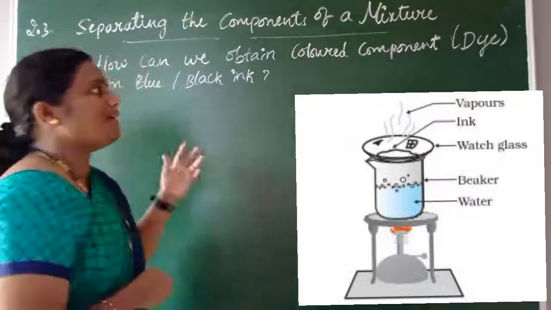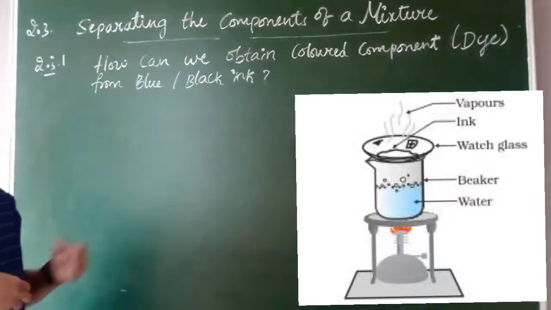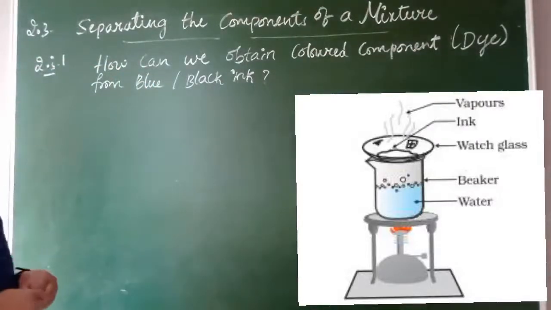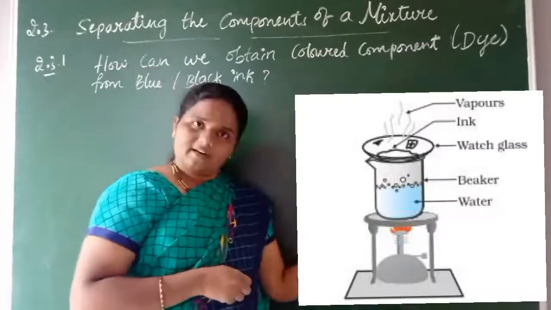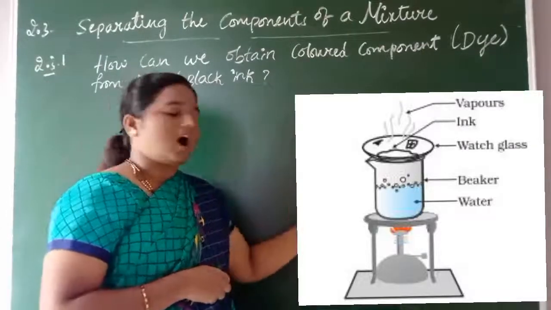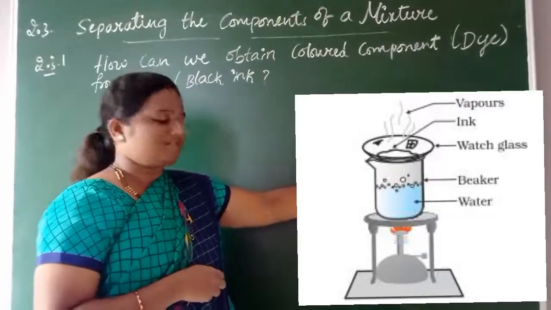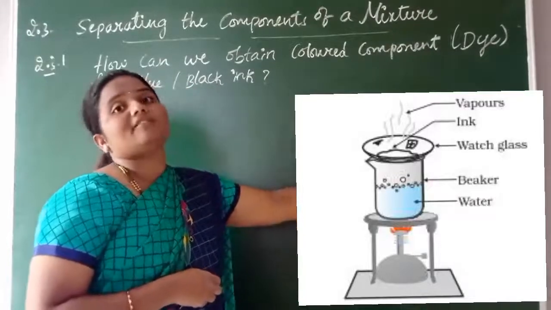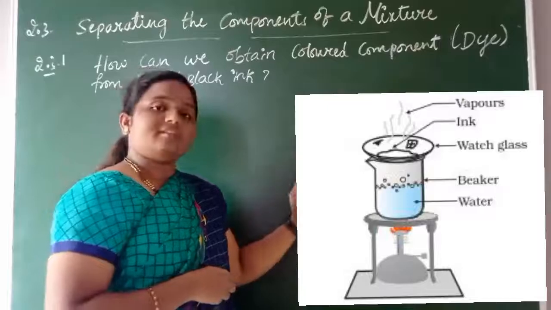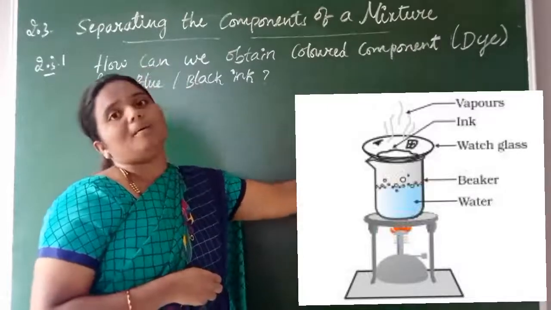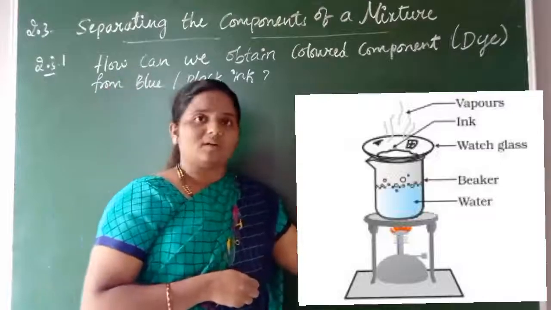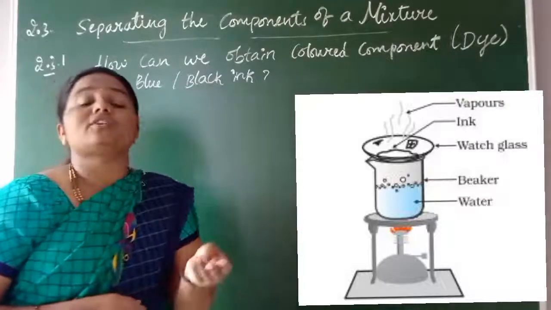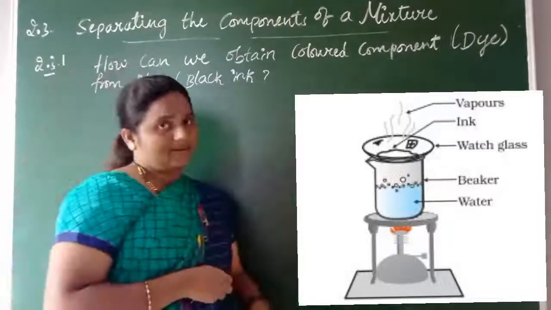So in order to understand this, first we need to do a small activity, children. It is very simple. We need to take a beaker and fill it with water up to half of the beaker. After that, we need to use a watch glass to cover that beaker.